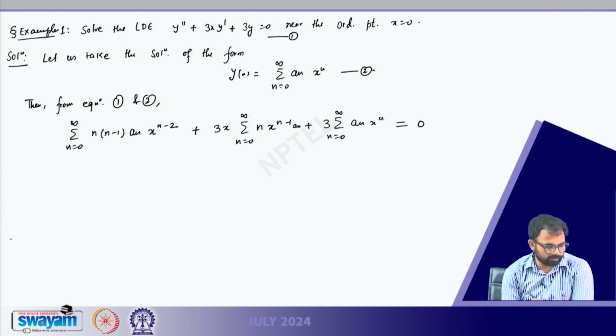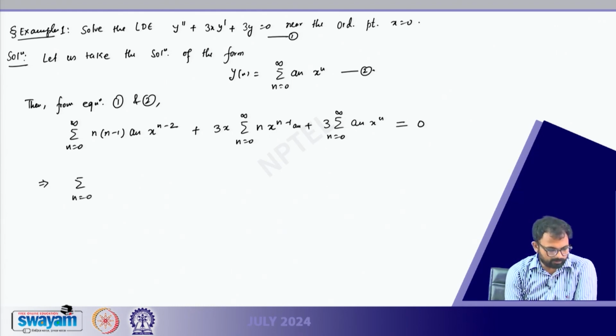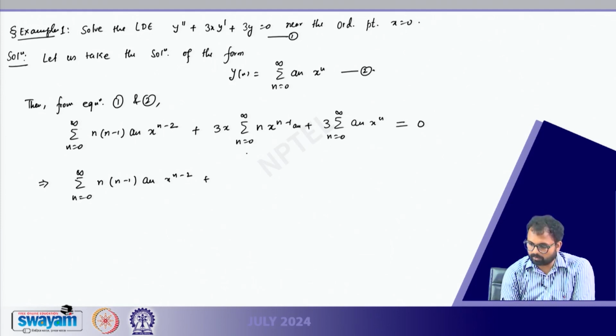So summation n running from 0 to infinity n(n minus 1) a n x to the power n minus 2 plus 3x summation n from 0 to infinity n a n x to the power n minus 1 plus this.